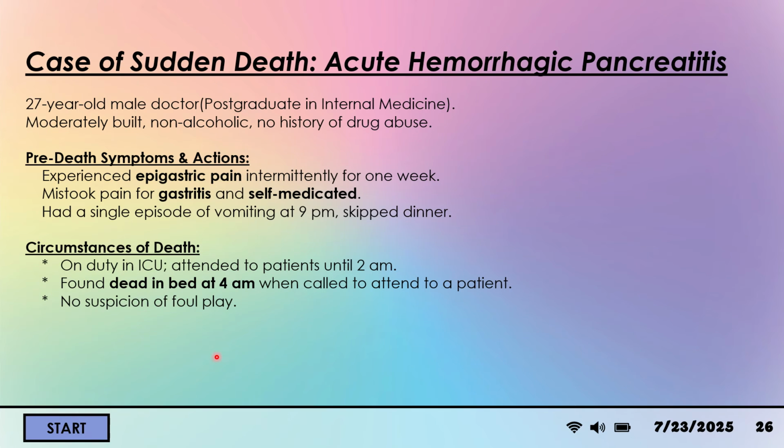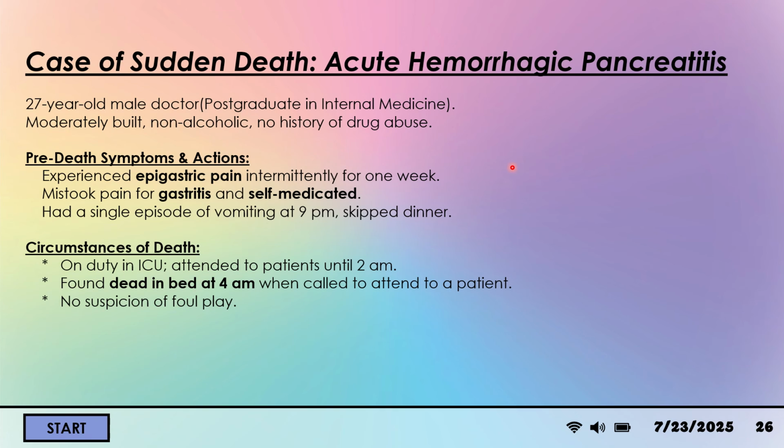Next, this is a case where a 27-year-old resident doctor in internal medicine died suddenly. He actually had symptoms like abdominal pain, but he mistook it for gastritis and self-medicated.